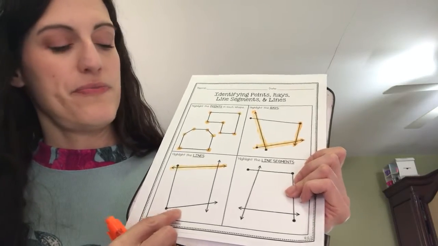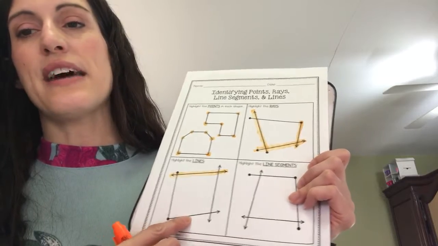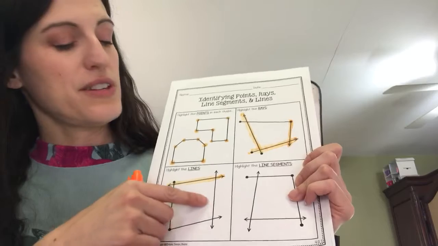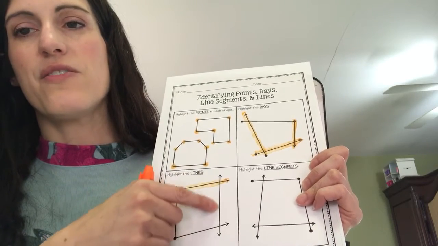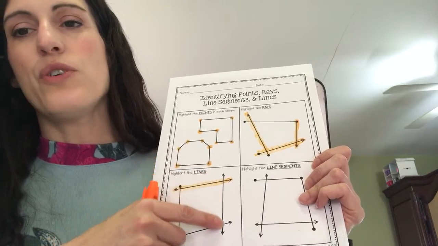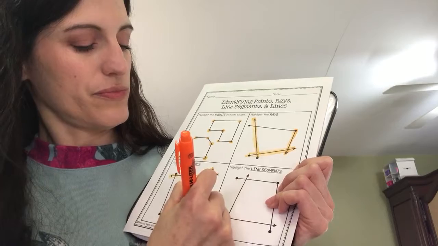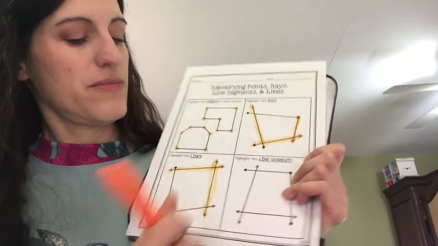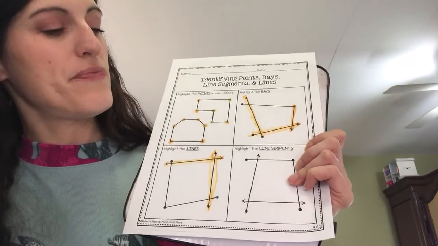No arrow, one arrow. It's not a line though, it has to have two. That would be a ray. Let's look at this one. Arrow, arrow. Yes, that one would be a line. Good. Okay, so we found two lines in that shape.